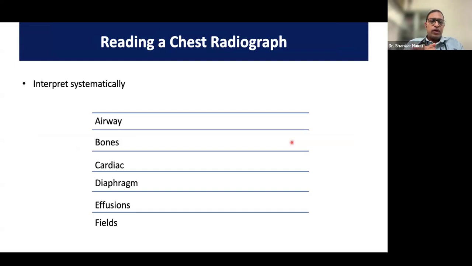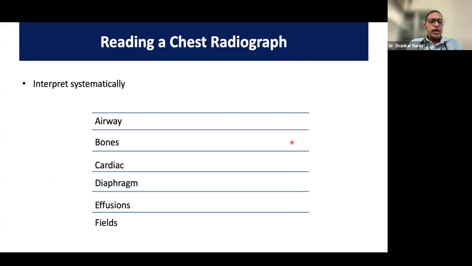So now that we have taken the film and checked the basic things that are common for most of the patients, the next step is to read the chest radiograph. So always interpret the chest radiograph systematically. So there is a mnemonic. There are various ways to interpret a chest X-ray. Some say go from inside to outside, like inner structures starting from trachea to the outer structures like the rib cage and the extrathoracic soft tissues.